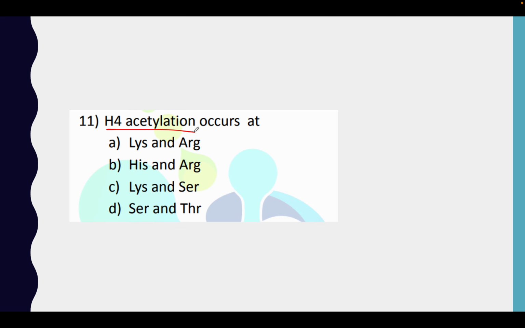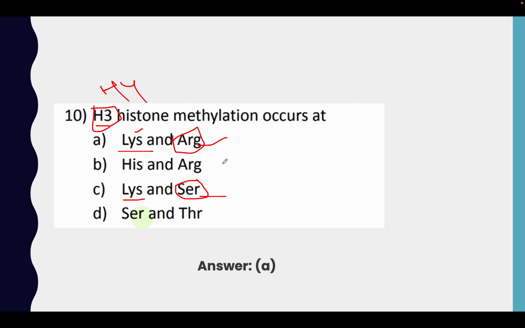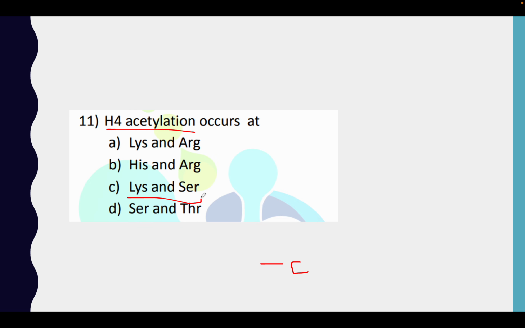H4 acetylation. It is incorrect. It is C. It is not A. H3 methylation is at lysine and arginine, but H4 acetylation is at lysine and serine. Okay.